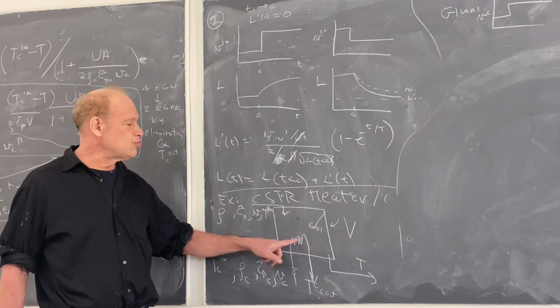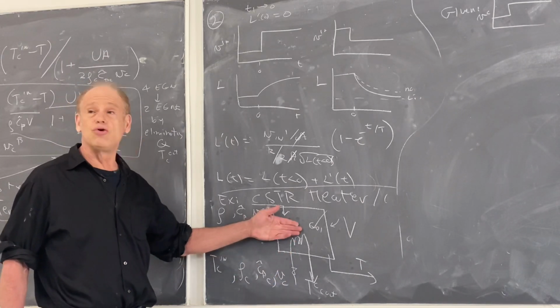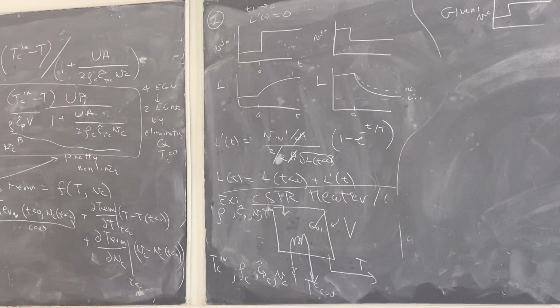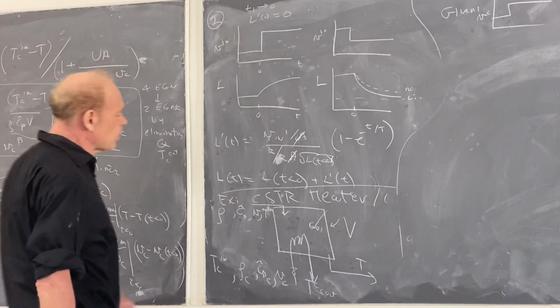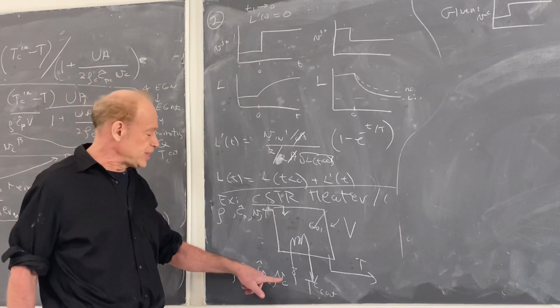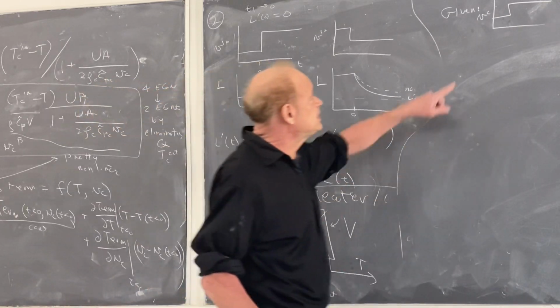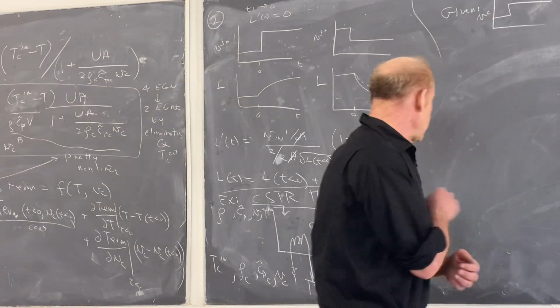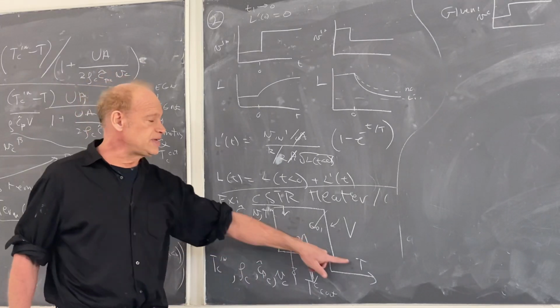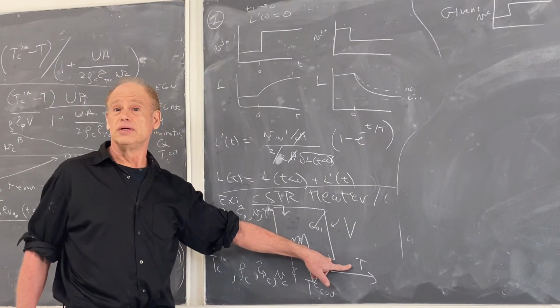And the fluid coming through the cooling coil would cool the fluid in the reactor and therefore change the temperature. So the reason why the temperature would change here is if we change VC. So if VC goes up, then there's more cooling fluid going through here, and therefore the temperature coming out should be lower. So that's the basic idea.